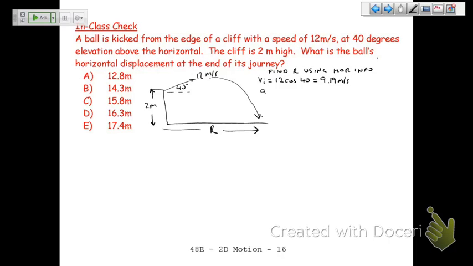And A is equal to 0 meters per second squared. And then delta X is what I want to find. That's R, which is equal to I don't know. And I've done this before, so I know I want to find delta T. At least that's where I'm going to head off to begin with.